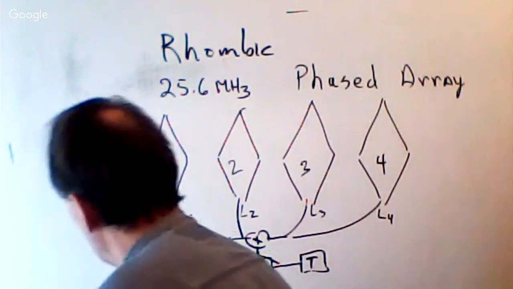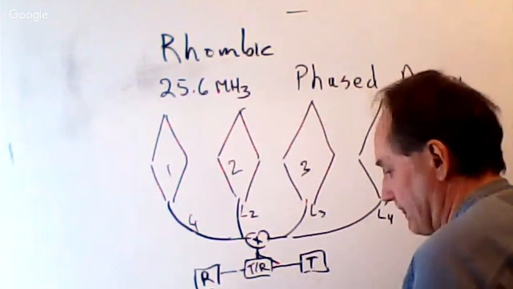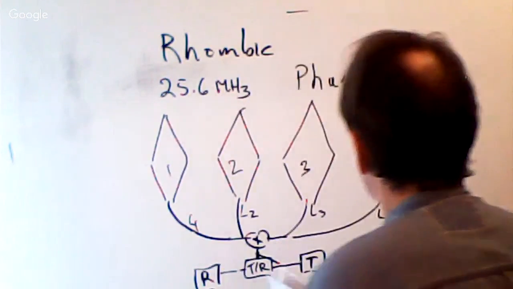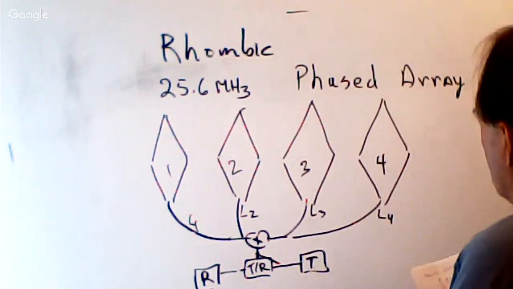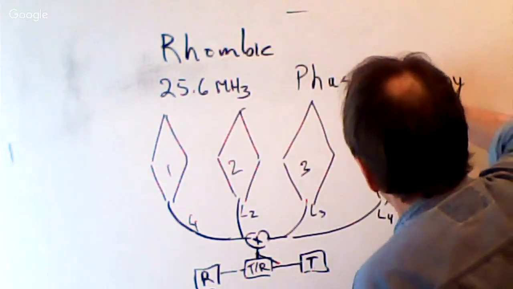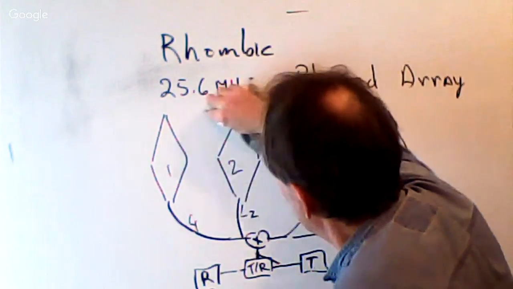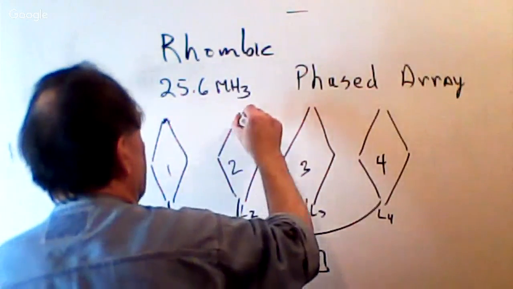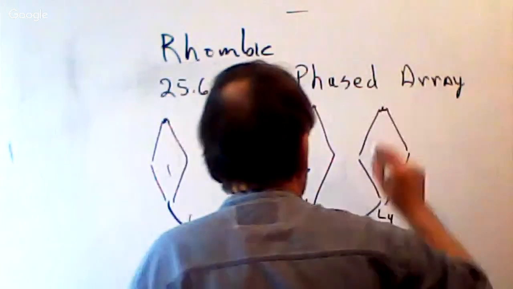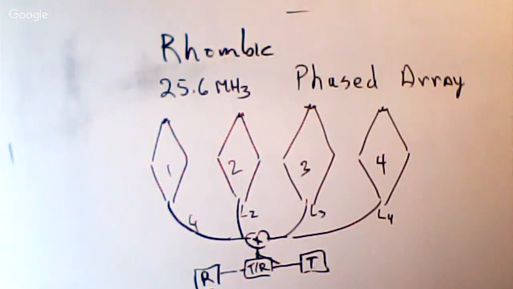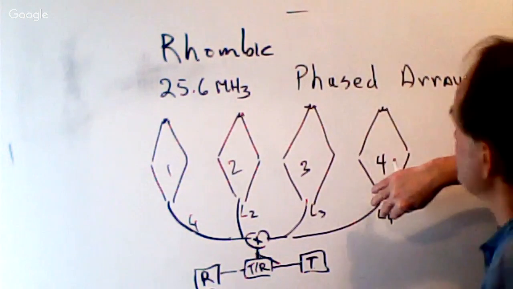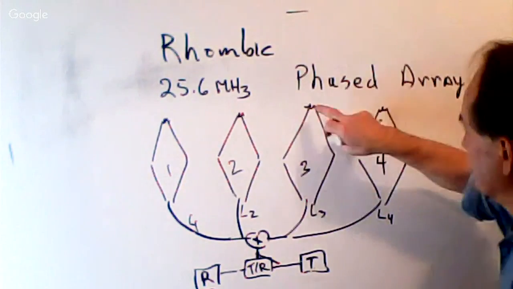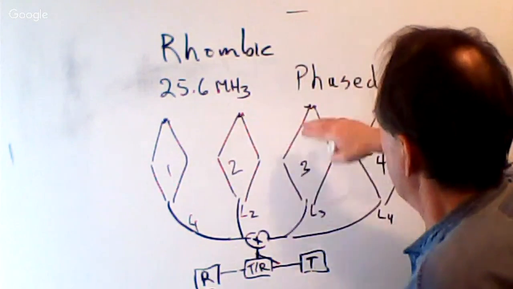Now, with a rhombic antenna, you can change its characteristics by what you do at the end. If you put a resistive load at the ends of all these, it tends to make the antenna more directional and gives you just one main lobe. If you leave it open, it becomes bidirectional.